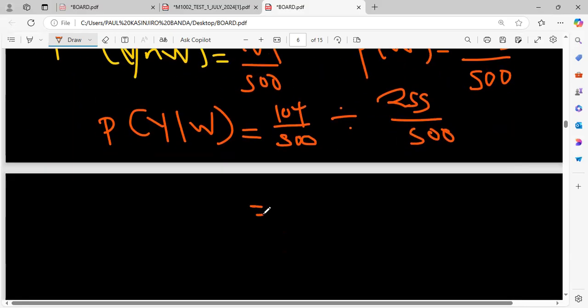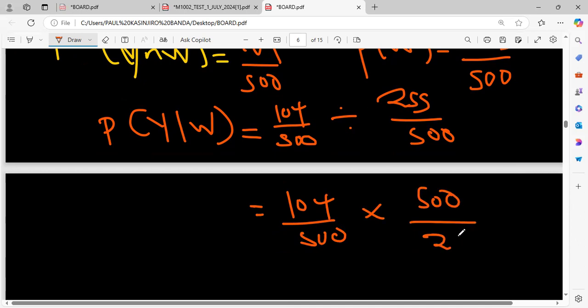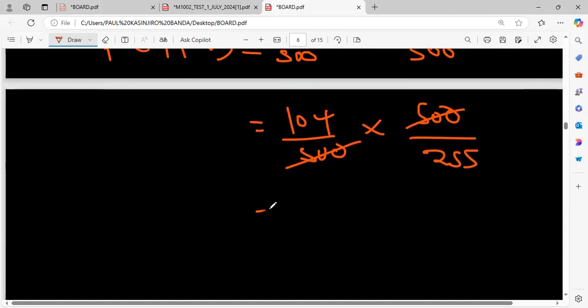From here we can just do some algebraic manipulations. This still remains 104 over 500, then this becomes multiplication by 500 divided by 255. We see that this and this cancel. So we're going to remain with 104 divided by 255.